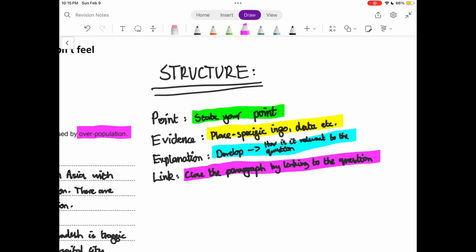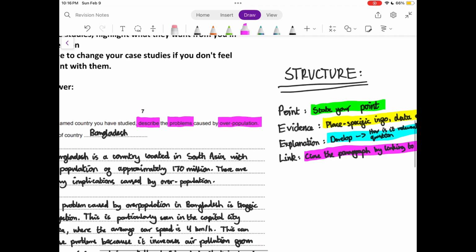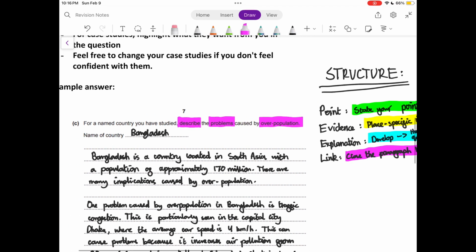So the structures. I would recommend following the PEEL structure and doing it 3 times when writing your 7-marker essay. But before you get into that PEEL structure, I would recommend a small introduction. It does not have to be long at all. It only has to be 2 sentences. So maybe you could just give the geographical context of the country which is your case study.